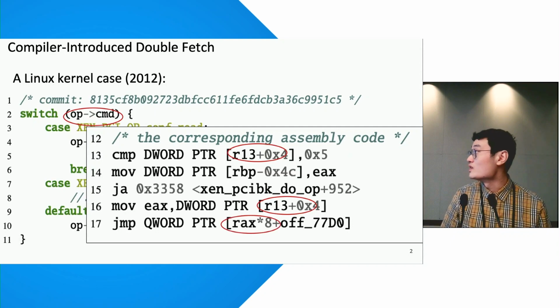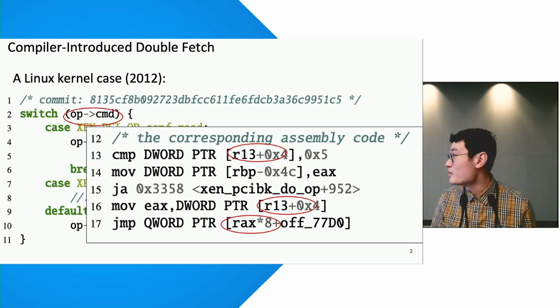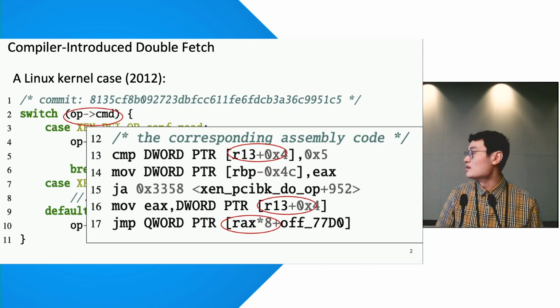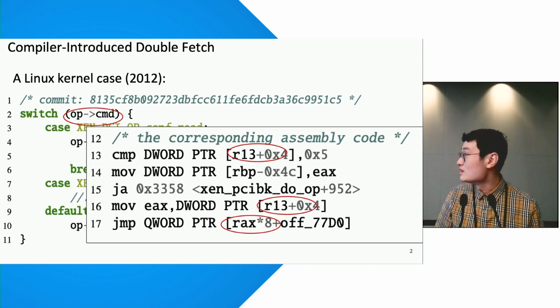The first time for the comparison and the second time for the computation of the indirect jump address. This is a typical double fetch bug where the object is assumed to remain unchanged during the two fetches, however, there may be a concurrent modification which will make the second fetch incorrect.